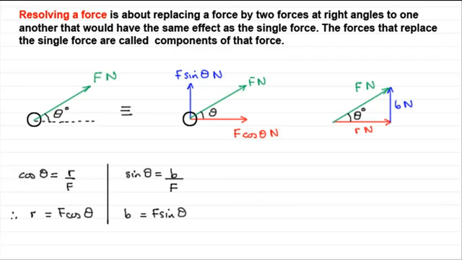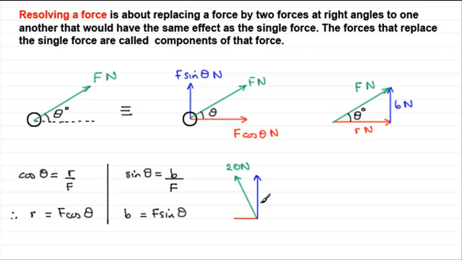Let's suppose we had an example like this, a force of, say, 20 newtons acting in this direction. Now we can split this force into two components at right angles to one another, one in this direction and one in this direction.